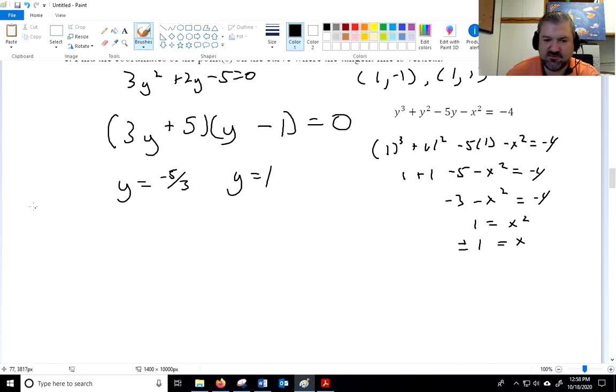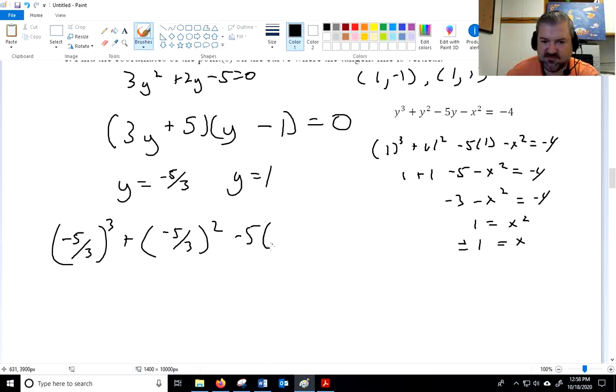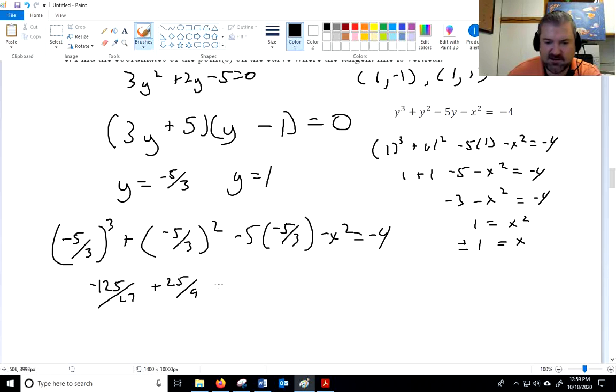Let's do the other one. So this would be negative 5/3 cubed plus negative 5/3 squared minus 5 times negative 5/3 minus x squared equals negative 4. Well, the math, of course, is going to be a lot yuckier here. So that's just going to be the way it is. That's negative 125 over 27 plus 25 over 9 plus 25 over 3 minus x squared equals negative 4.